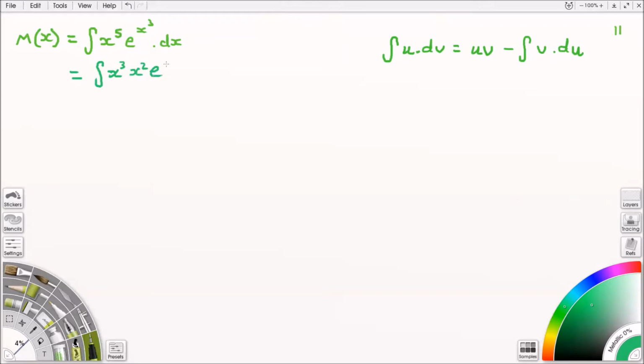I don't actually fully understand, I'm going to do more questions this afternoon on it, how putting x cubed here in front of e to the x cubed actually changes it. But we're going to select this as dv. Clearly the integral is going to be different.